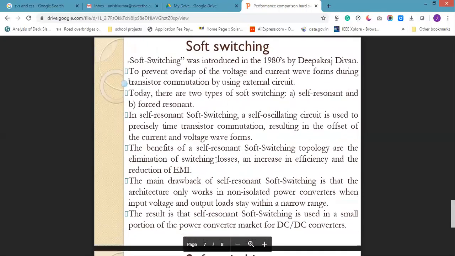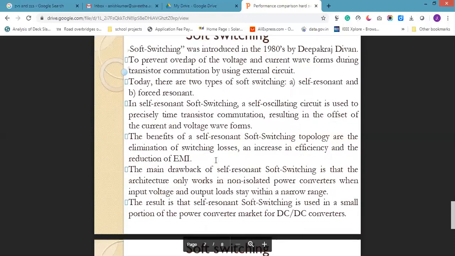Next we can see about soft switching. Soft switching was introduced in 1980 by Deepak Raj Devan. The main aim of soft switching is to prevent the overlap of the voltage and current waveforms during transistor commutation by using an external circuit.